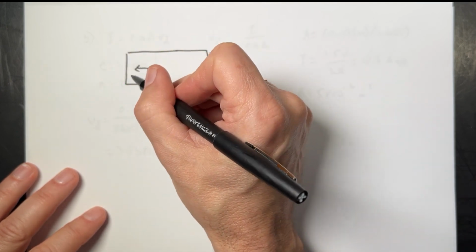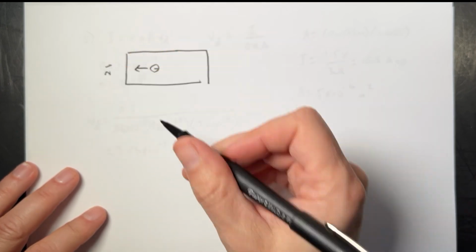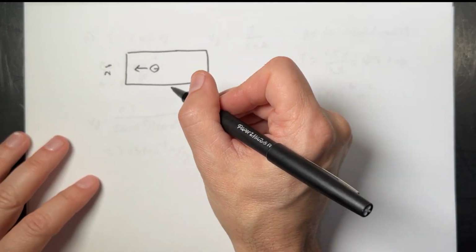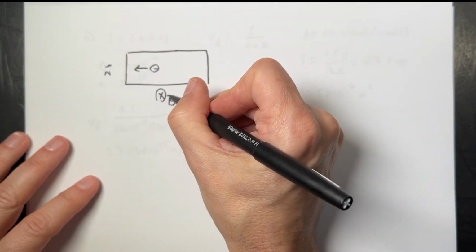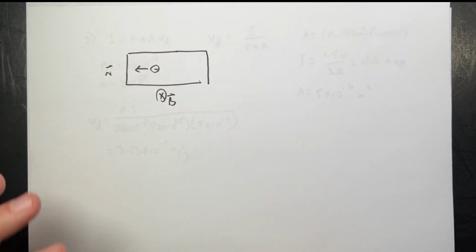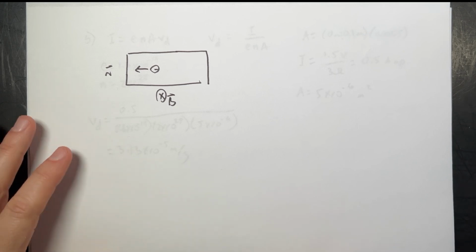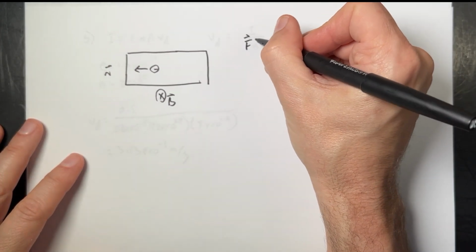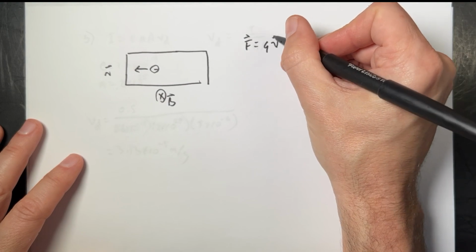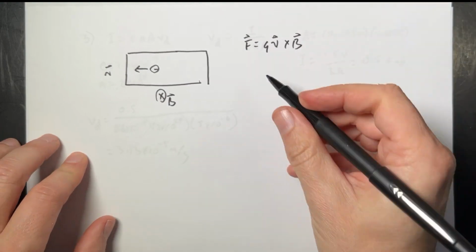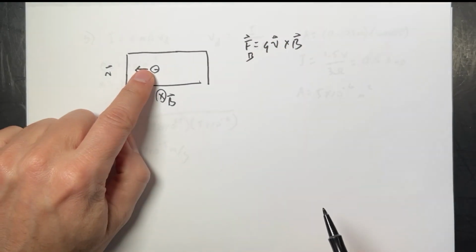So that's V. But QV is this way. And then I have a magnetic field into the board, into the paper. And they're perpendicular. F is going to be QV cross B. So that's the magnetic force.